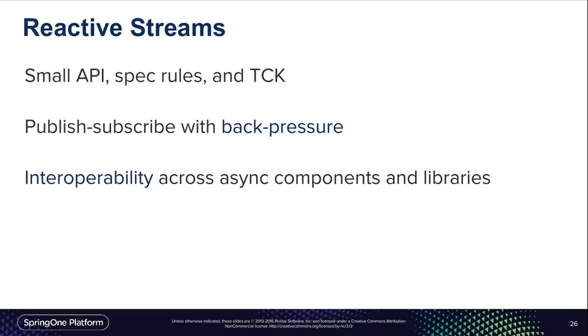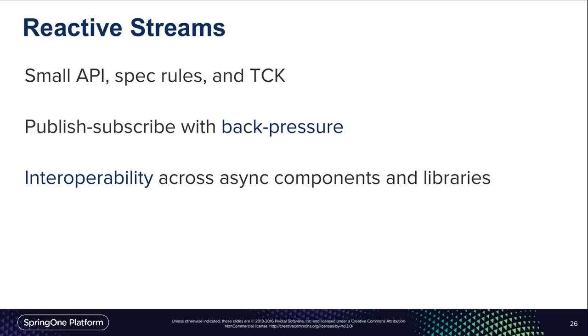of Reactive Streams. Now, Reactive Streams, again, is a small API that includes 4 small interfaces. There are some specification rules around it and a TCK. It's completely open. And it's about a publish-subscribe relationship between 2 components with backpressure. That's the main goal, the main purpose of existence for that spec.